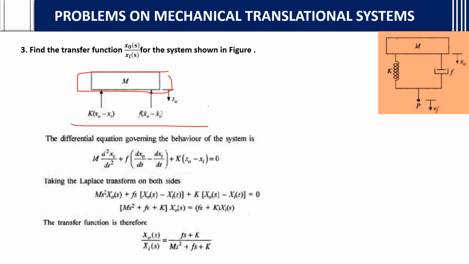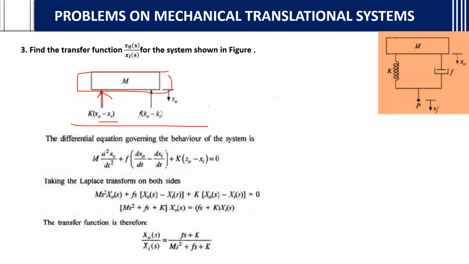Understanding? But the spring is there. Spring is k into, as there are two displacements, we will consider x0 minus xi, and for the dashpot also f of x0 minus xi we will consider. Now if you see x0 dot, that means it is differentiation.